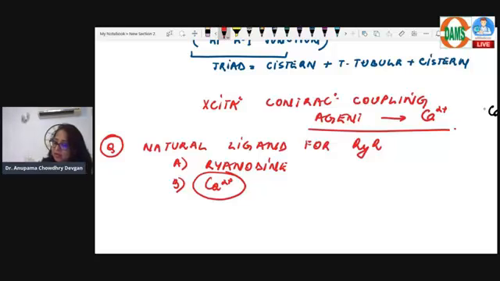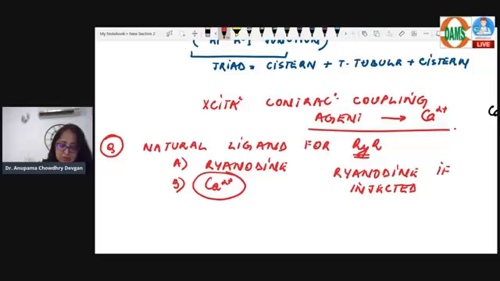Then why is it called the ryanodine receptor? This is because ryanodine, which is an alkaloid, is not a naturally occurring substance. It is not present in the body.